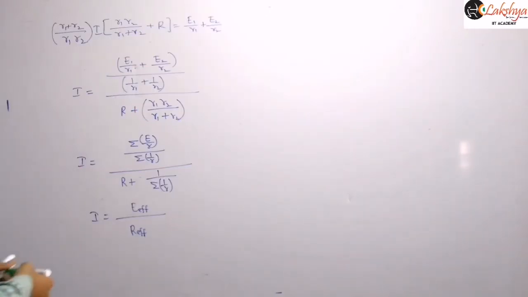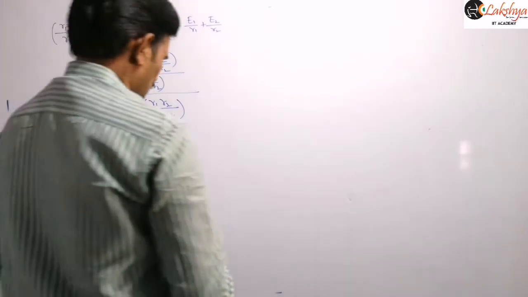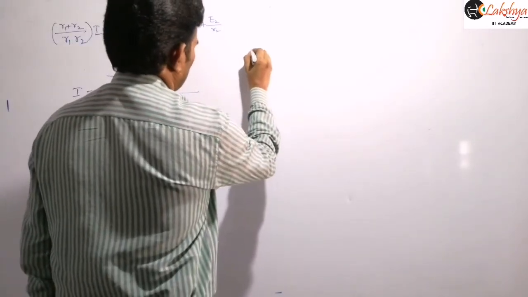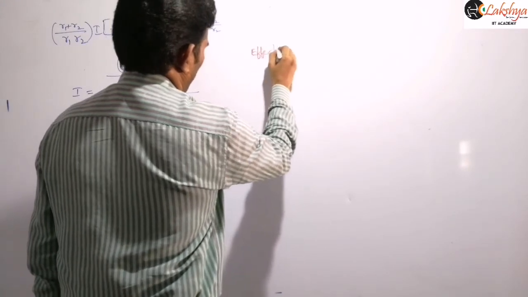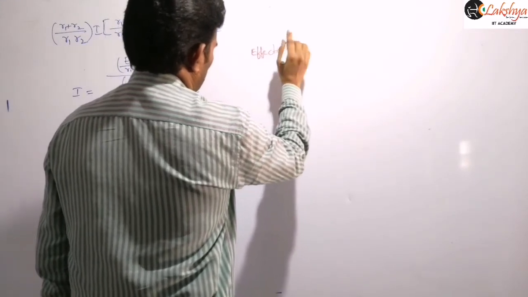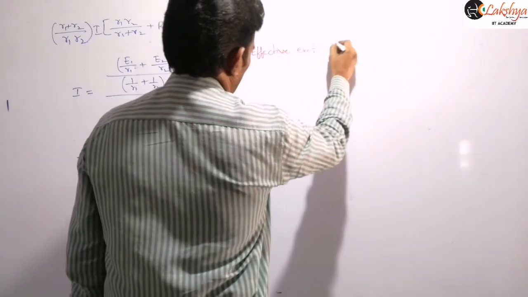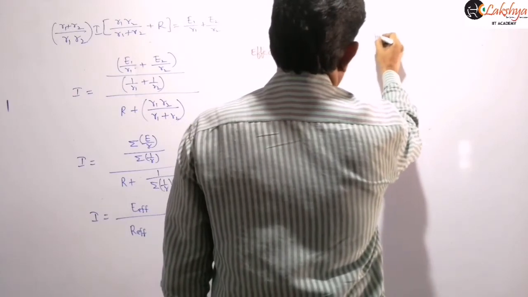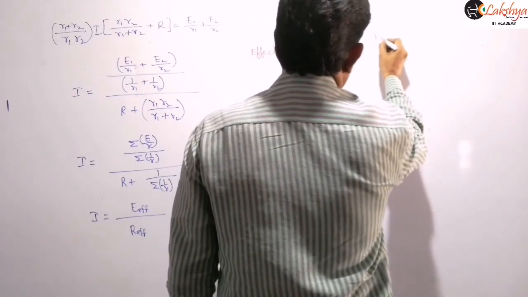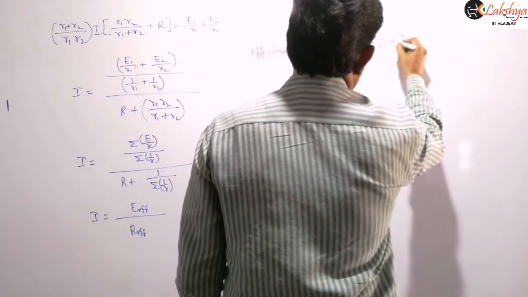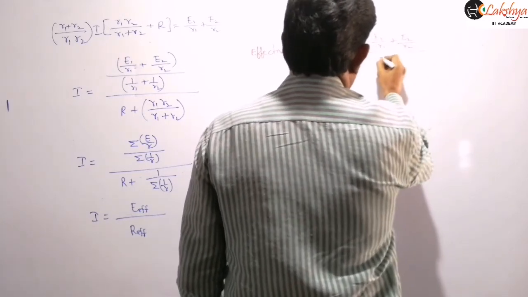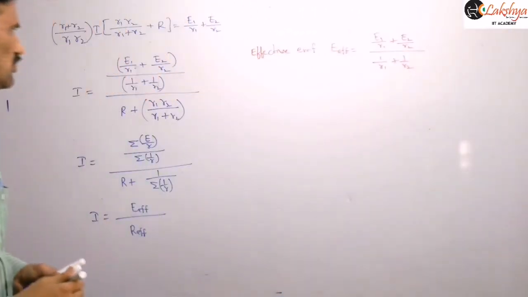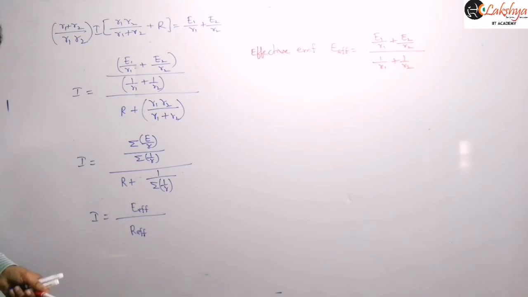Then by comparing those two, we can write effective EMF, E effective, is equal to, for two cells, E1 by R1 plus E2 by R2 over 1 by R1 plus 1 by R2, right? That is nothing but our term here in this equation.